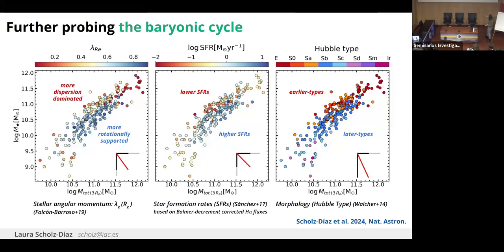And galaxies over here, more rotationally supported, have higher star formation rates and later type morphologies. So when we compute partial correlations again, we see how all these properties increase in this way. So galaxy ages, metallicities, stellar angular momentum, star formation rate, and morphology are all behaving the same way in this plane.